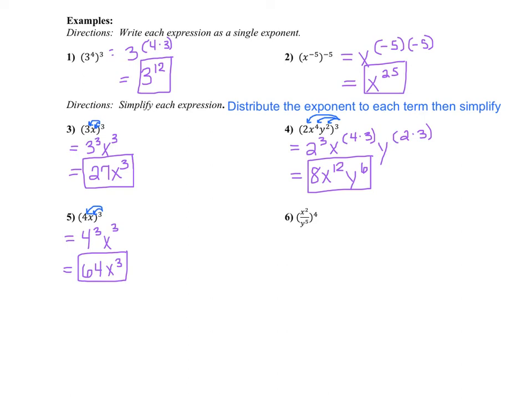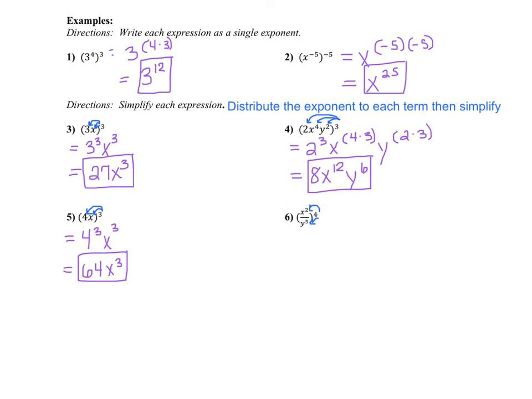Now let's look at number 6. We have a fraction here. We have x squared over y to the fifth, all to the fourth power. So you want to distribute the exponent, which is 4, to the 2 and also to the 5. So let's rewrite that.